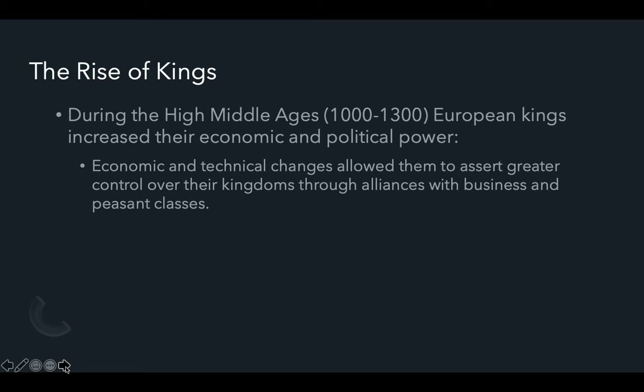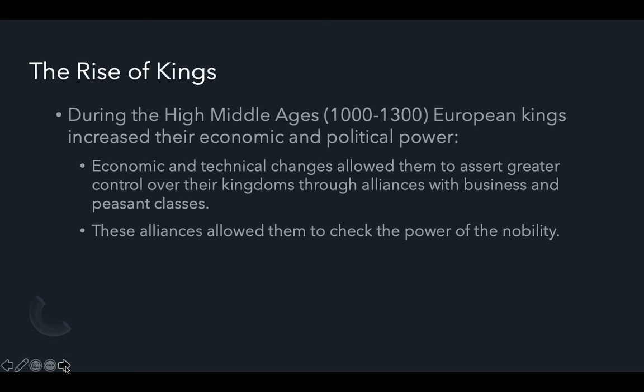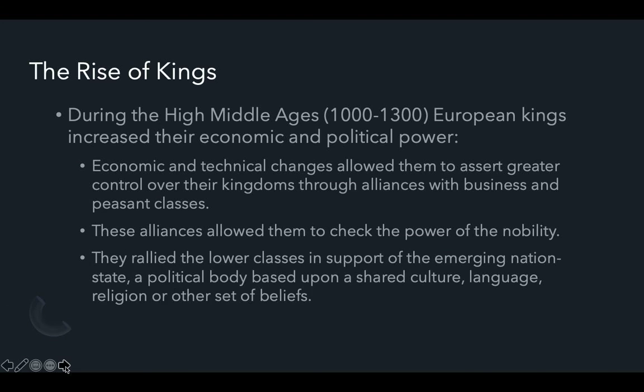Economic and technical changes allowed them to assert greater control over their kingdoms through alliances with businesses and peasant classes. These alliances allowed them to check the power of the nobility, and they would rally the lower classes in support of the emerging nation state, which was a political body based upon a shared culture, language, religion, or other set of beliefs.